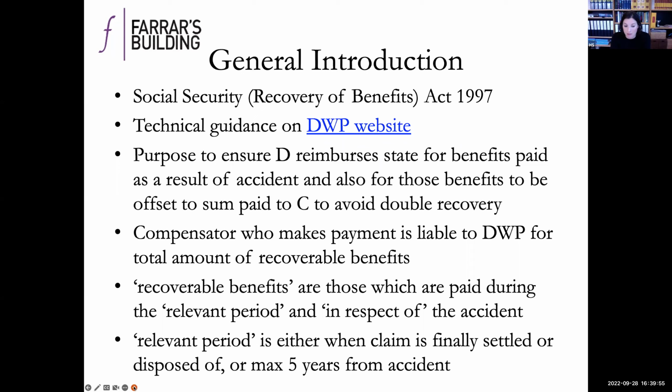Relevant period, less so. That is defined as either when the claim is finally settled or disposed of, or a maximum of 5 years from the accident. So if you have a long running claim and you are beyond 5 years, you'll have noticed that on the certificate of recoverable benefits.